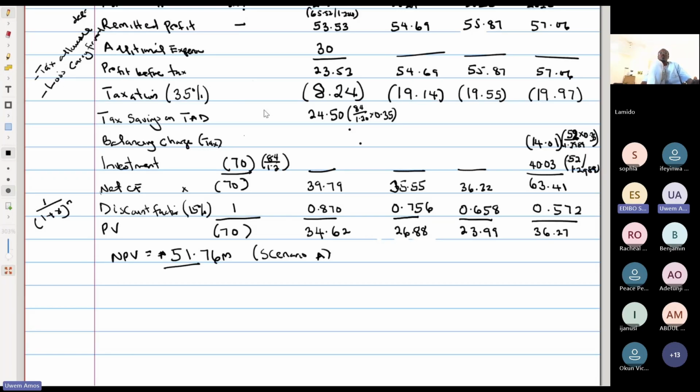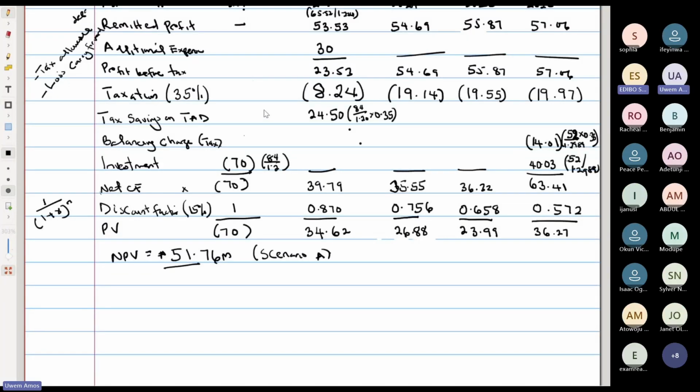I just hope that my calculator cooperates with me this time. 23 point what? 99. Okay, 23.899. It's still giving me 23.99.